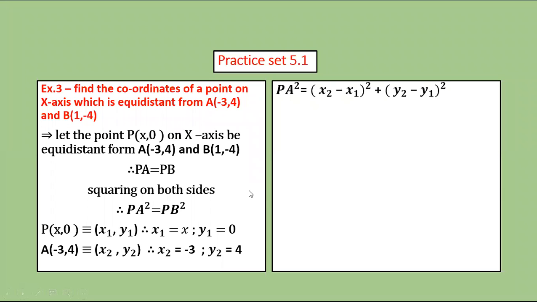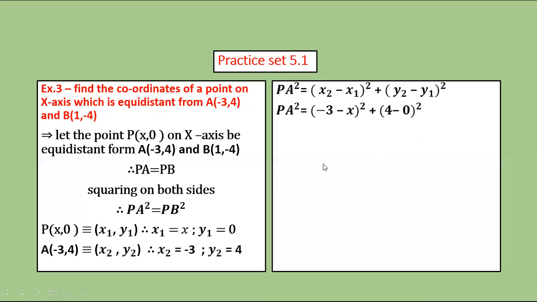By using the distance formula, PA is equal to the square root of (x2 minus x1) square plus (y2 minus y1) square. Squaring on both sides, PA square is equal to (x2 minus x1) square plus (y2 minus y1) square.